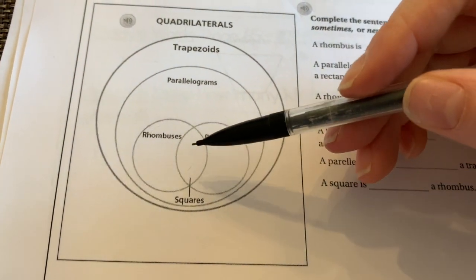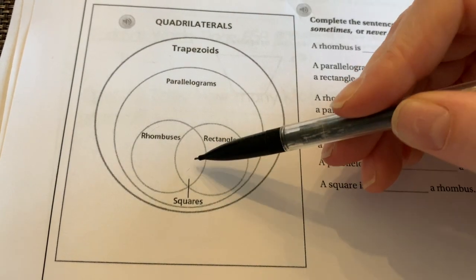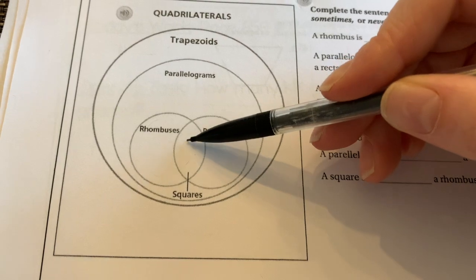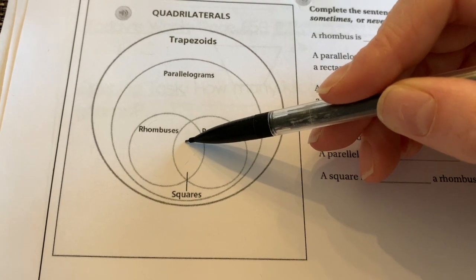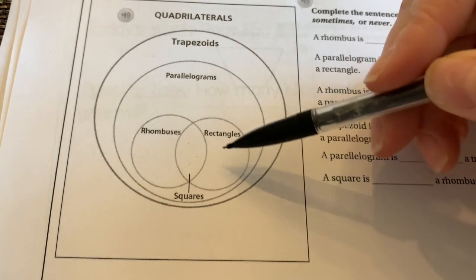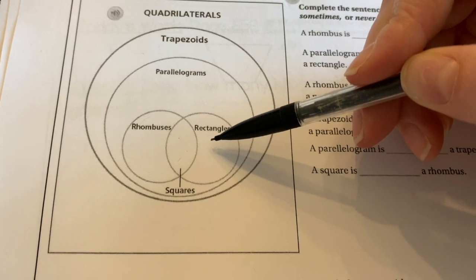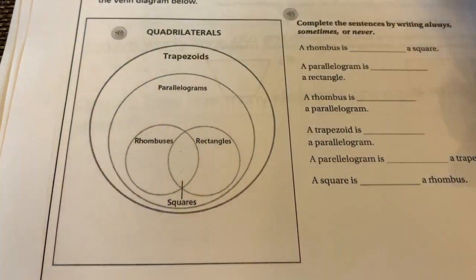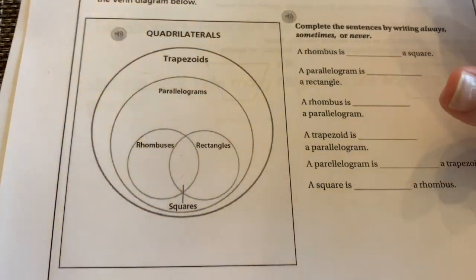Finally, a square is considered both a rhombus and a rectangle because it has all 4 sides equal, which is a rhombus, and it also has all 4 right angles, which makes it a rectangle. It's kind of confusing, but when you look at it this way, I think it helps.